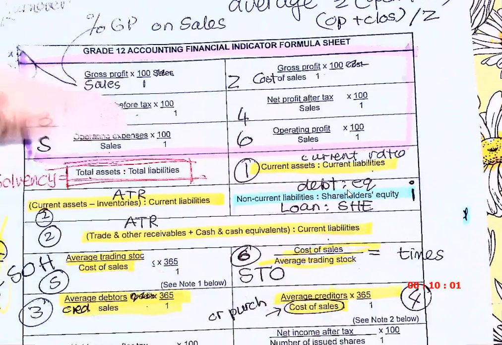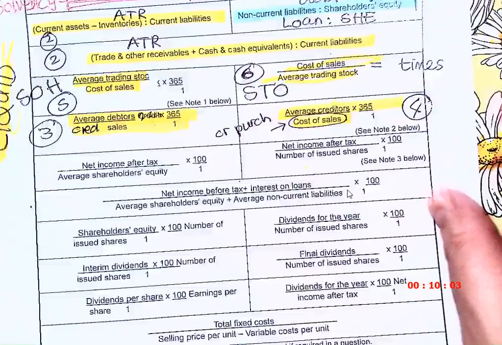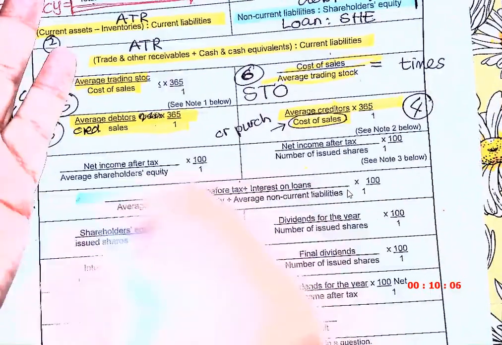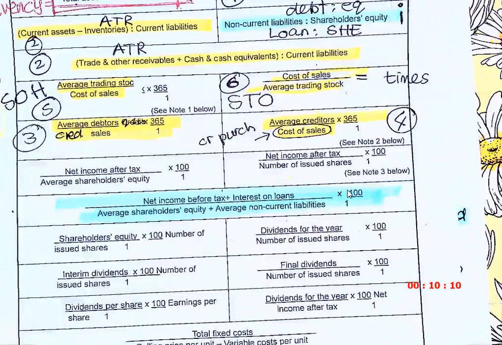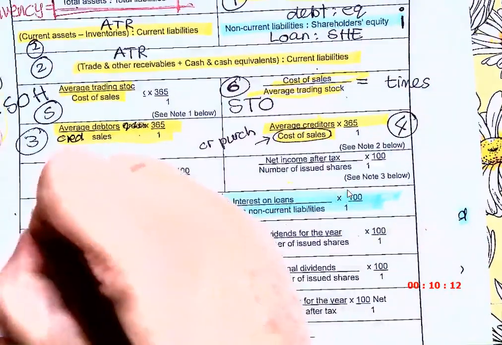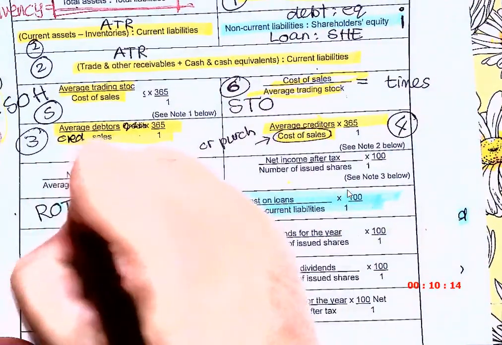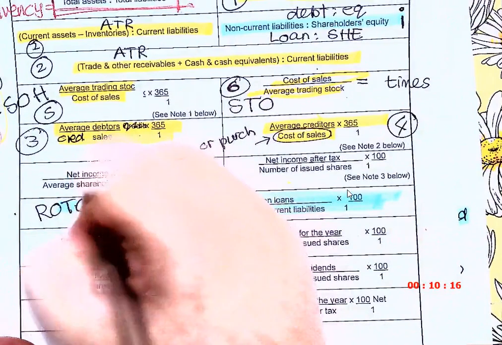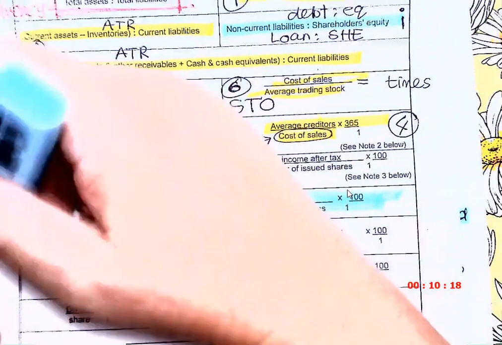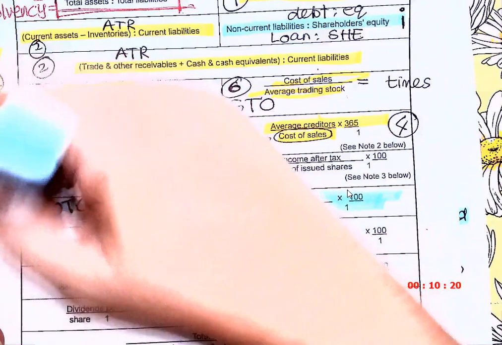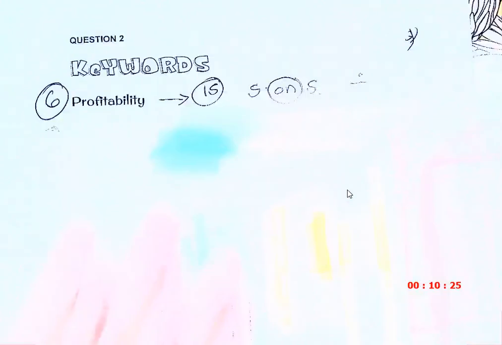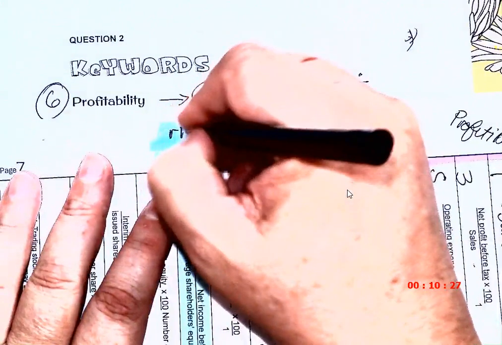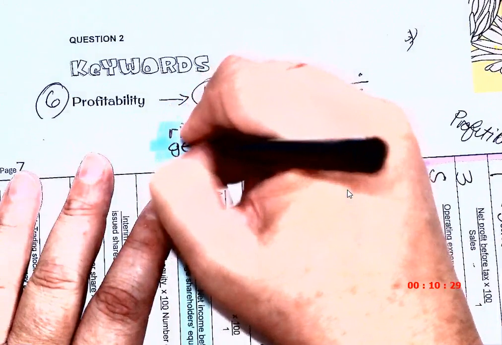Now I want to show you the other one, the other little blue one. This is my ROTCE. So in other words, the blue ones, I'm going to write here, it's the risk, it's the gearing.